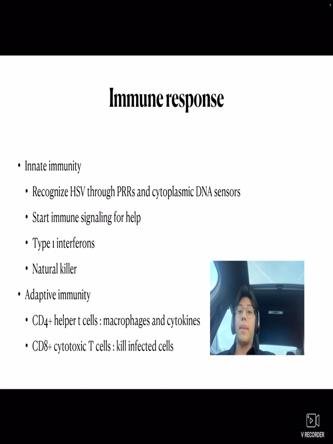And then you also have adaptive immunity. The CD4 helper T cells have macrophages and cytokines to help against the virus. You also have CD8 plus cytotoxic T cells that kill the infected cells.